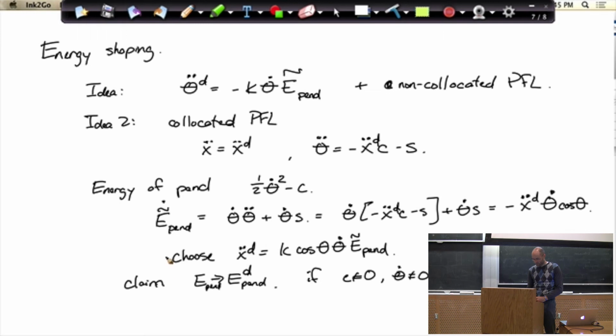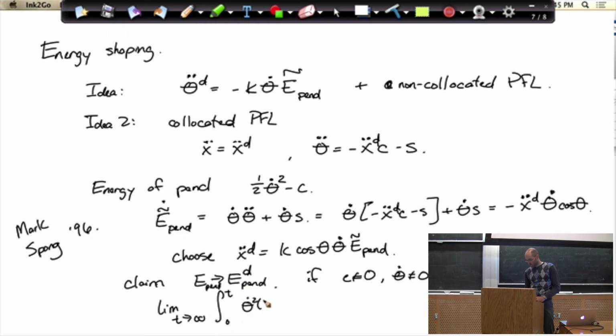Right. Another way to write that is that, this is Mark Spong's controller. He's got a nice paper, referenced in the notes, from '96 about this. He says as long as the limit as time goes to infinity of theta dot squared cosine squared goes to infinity, then you'll stabilize the pendulum.